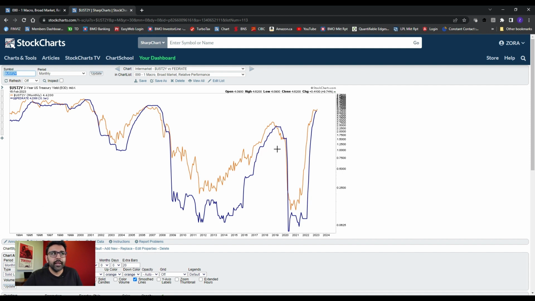So my prediction would say that rates are going to be probably held up here for 12 months, and then rates will probably be cut.